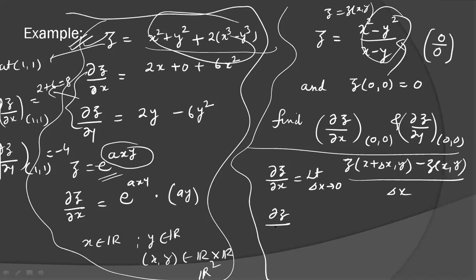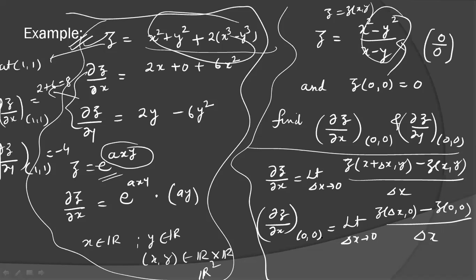If you are going to find at 0, 0, it will become limit delta x tending to 0, z(delta x, 0) minus z(0, 0) over delta x. If you put x and y both 0, because we are going to find at 0, 0.